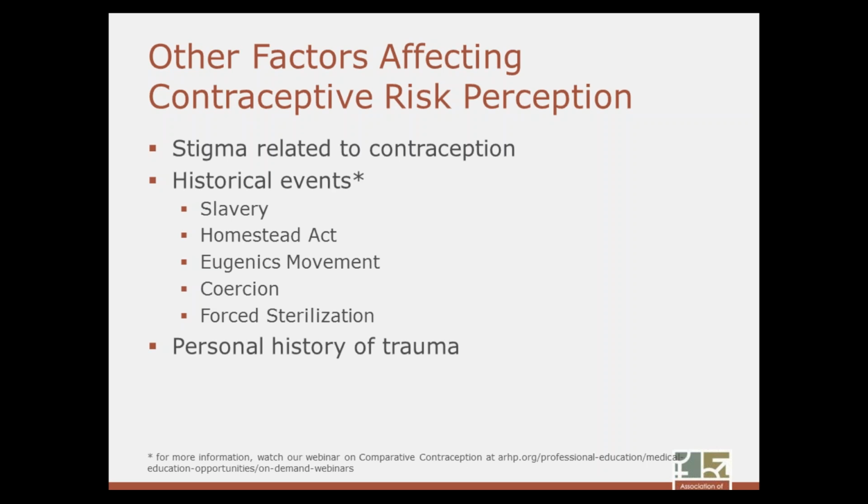I also have a lot of patients who are African American who remember Tuskegee, and people really don't easily trust sometimes. And then we also have some evidence that a personal history of trauma can affect this. So if a patient has been sexually abused, for example, they may be less open to getting an IUD or to having a pelvic exam at all.